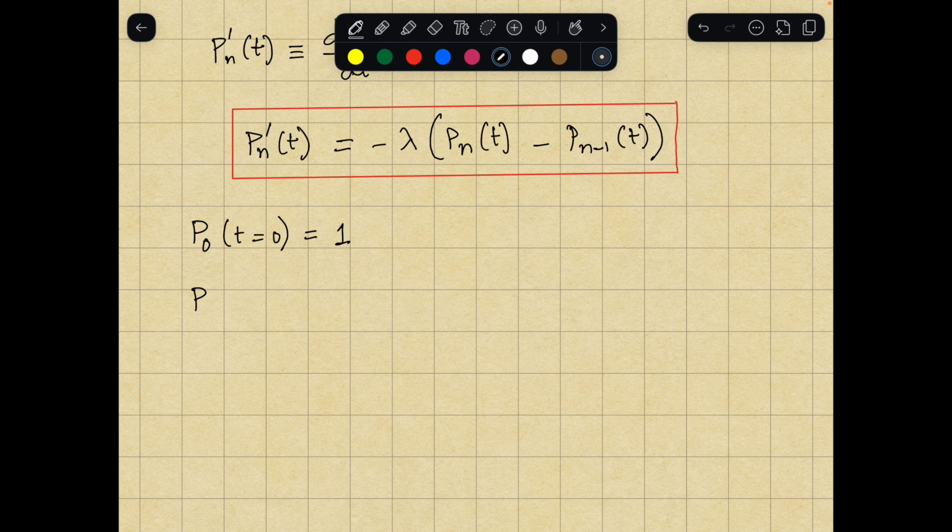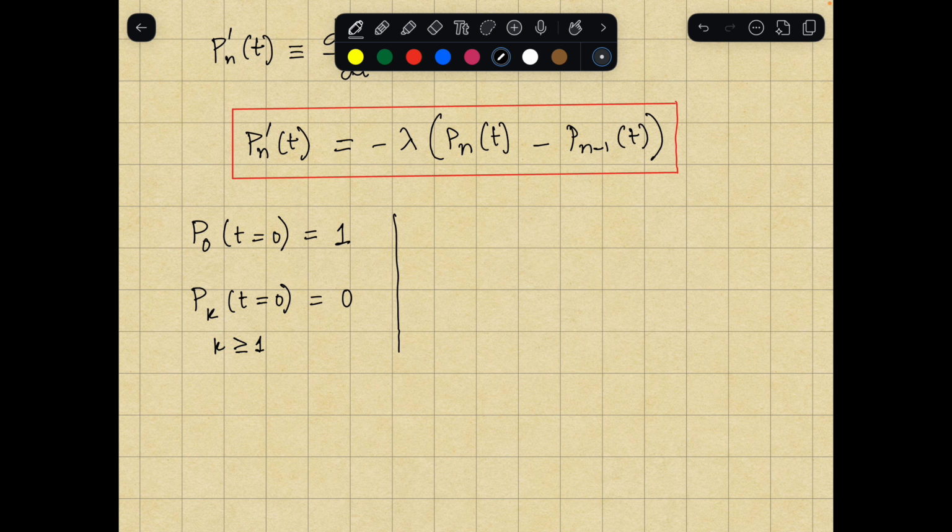Now what is the probability Pk at t equal to 0, where k is greater than or equal to 1? Now this is 0, because as soon as you start the experiment, you don't expect a click. Okay, so these are the two initial conditions.